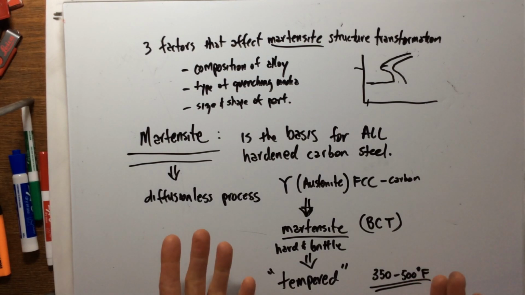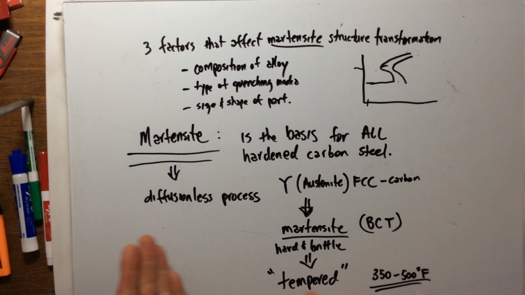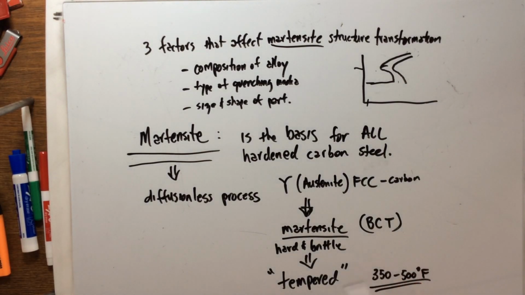That reintroduces some of those properties that were lost when it became so hard and so strong. Most of the properties associated with toughness and ductility start to go back into that product. But it will still maintain a good amount of strength and hardness, and it now becomes very usable.